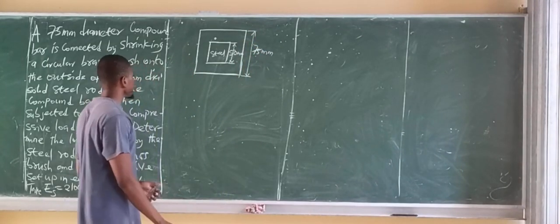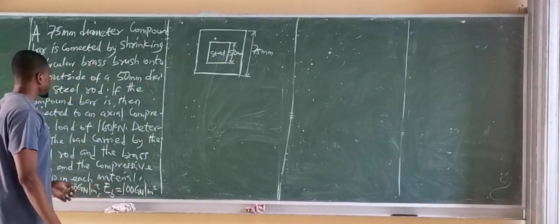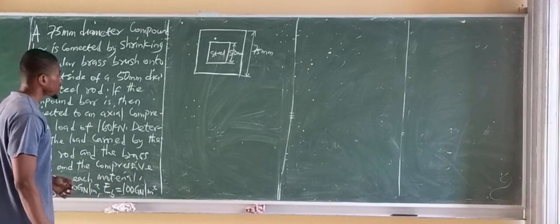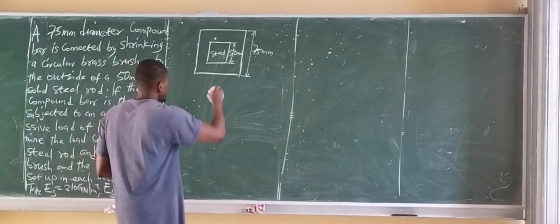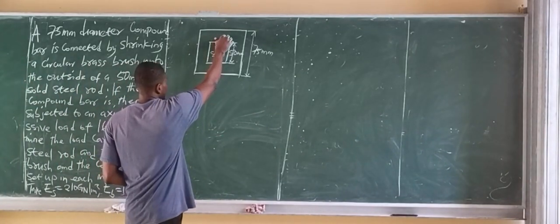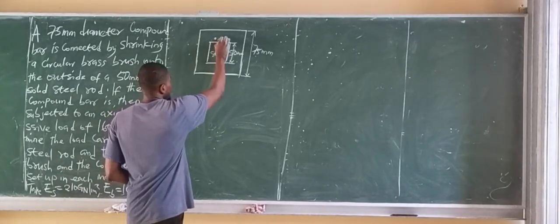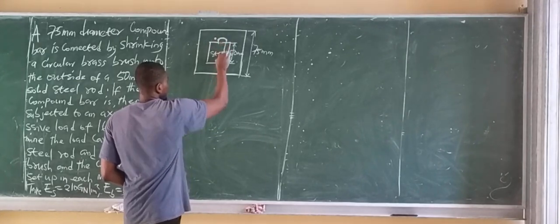Now, the question is saying that a brass bush is shrunk onto the rod. So we have a circular brass bush shrunk onto the steel bar. Let's say we have an opening here, something of this nature.